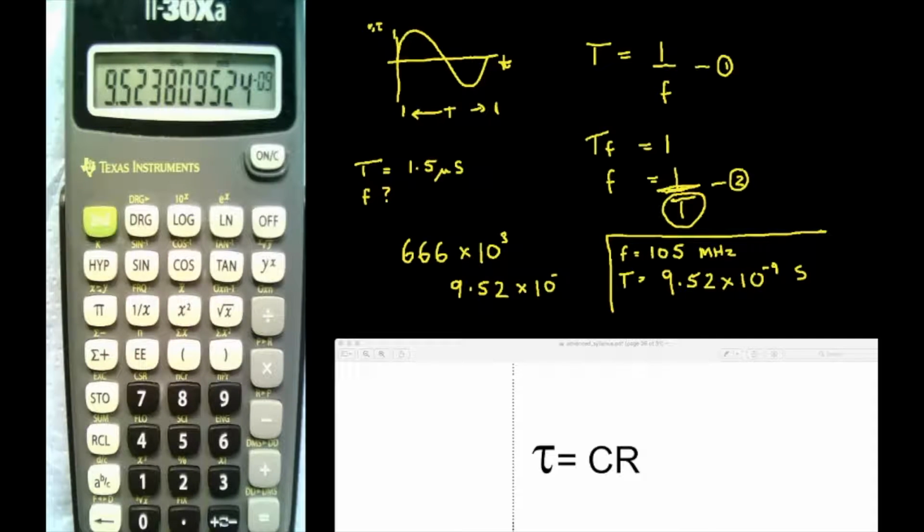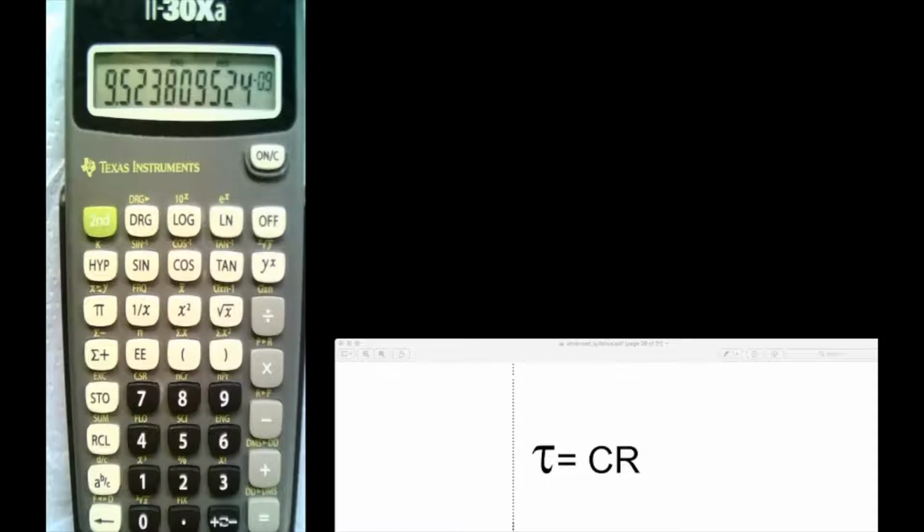Now, the time constant here is looking at the amount of time taken for a capacitor to discharge. So tau is going to be in seconds, C is going to be in farads, and R is going to be in ohms.